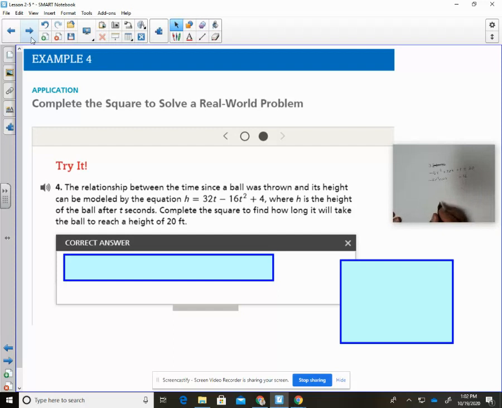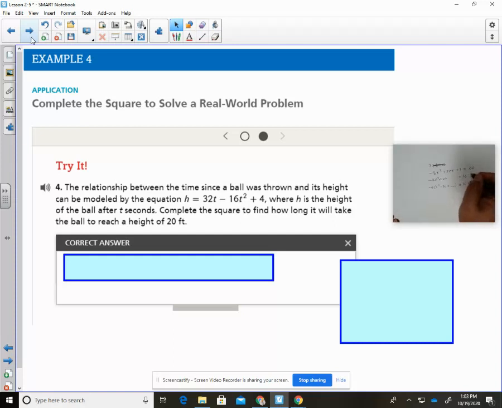Now, in completing the square here, I can take out negative 16. That gives me negative 16 times t squared minus 2t plus something is equal to 16 plus something.